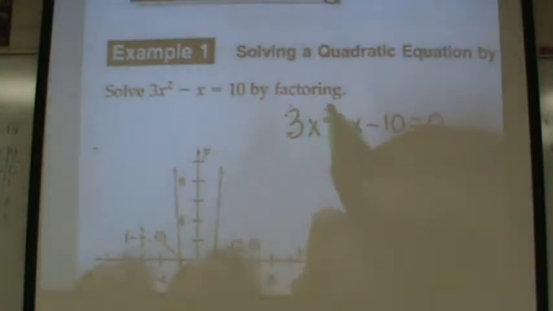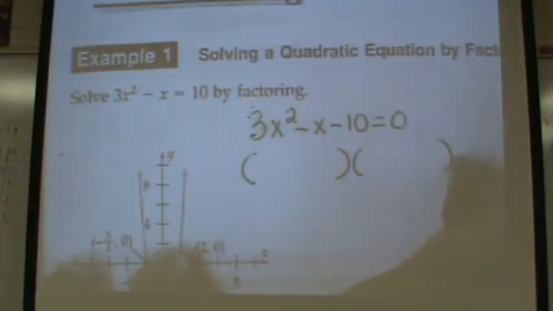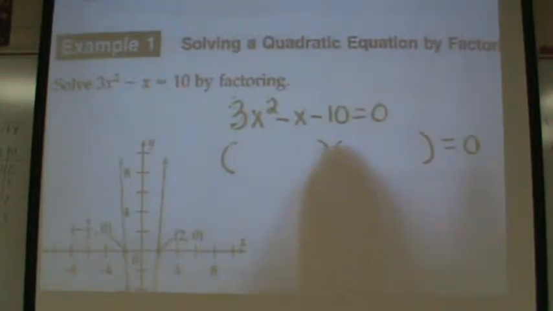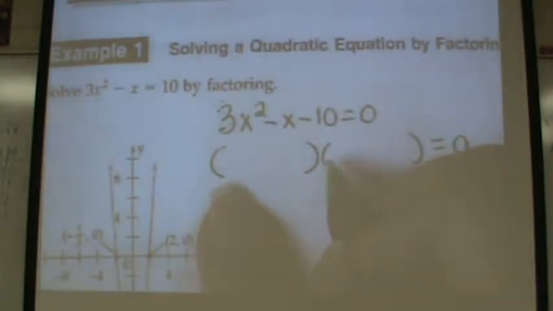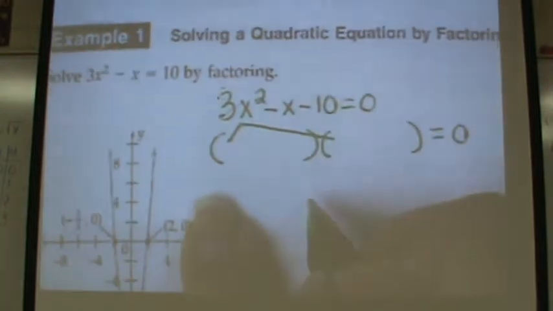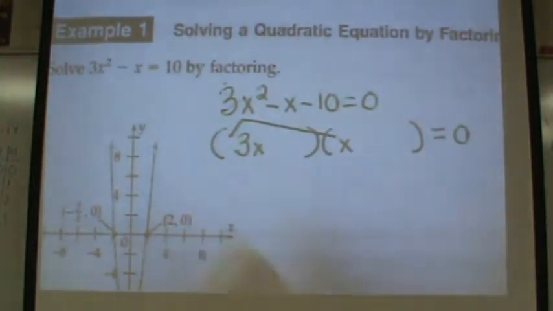You want to try and get this factored the way you did in 9th grade. These are simply factorable. We call these ones guess and check. So in the parentheses, what are your first 2 terms? What times what gives you 3x squared? 3x and 1x.